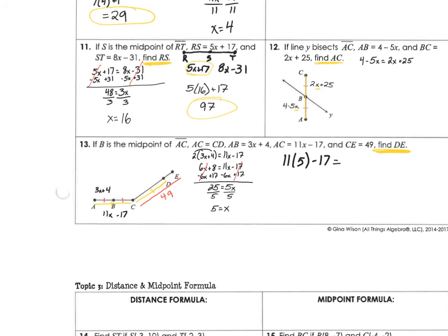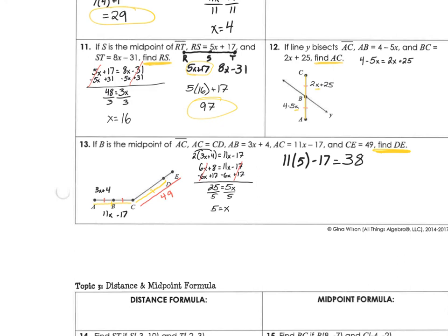Good. Which would be what? 30. Can we help you? 55 minus 17. 38. Good.